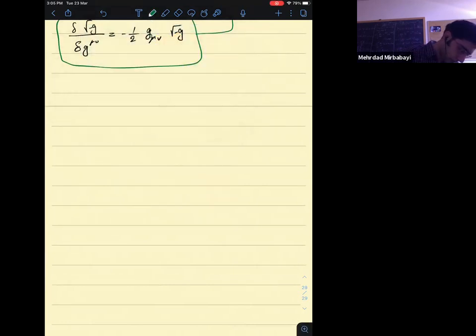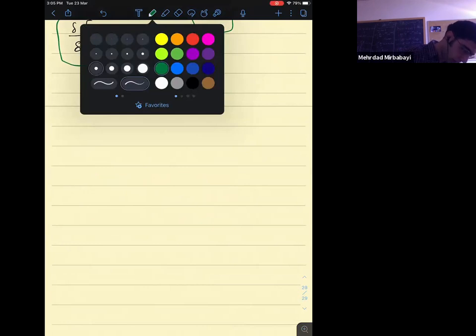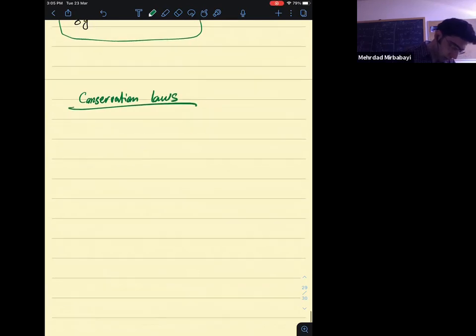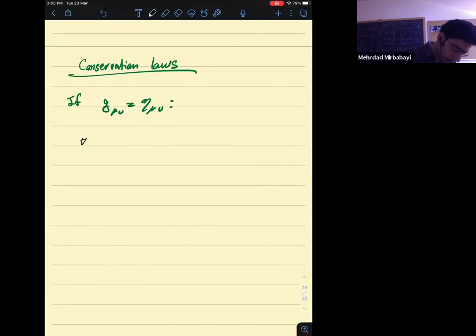So let us talk about conservation laws. So if g mu nu is equal to eta mu nu, then what happens is that this covariant conservation, by the way, I can always lower this index because the covariant derivative commutes with the metric, will go to ordinary conservation.